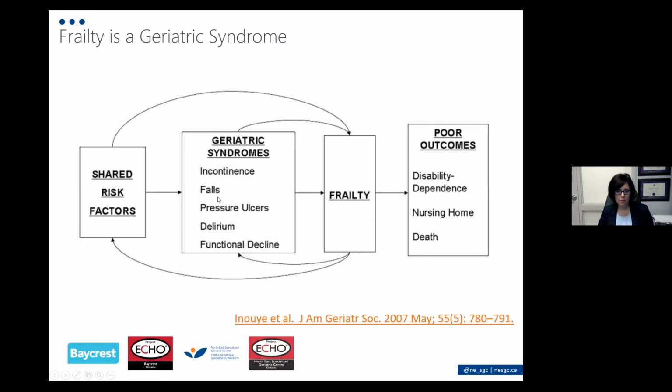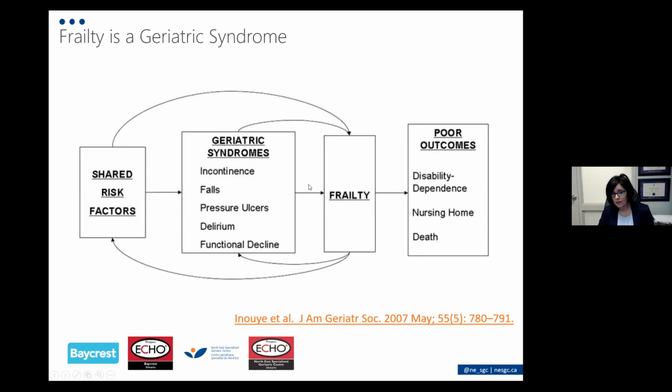What's kind of nice, or handy, for those of us who do geriatrics, is they tend to share the same risk factors, generally speaking. Muscle weakness, multiple medications, dehydration, cognitive impairment, age, hearing impairment, vision impairment, really all can result in a fall. They equally will predispose you to delirium. And all of these risk factors, and also having these geriatric syndromes, can culminate in frailty.